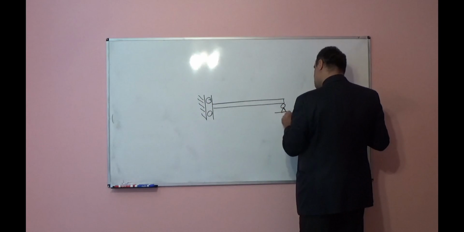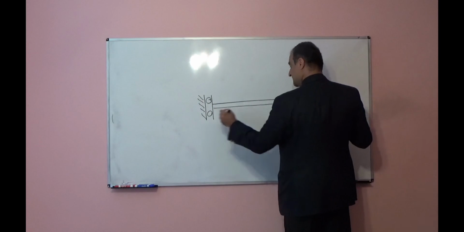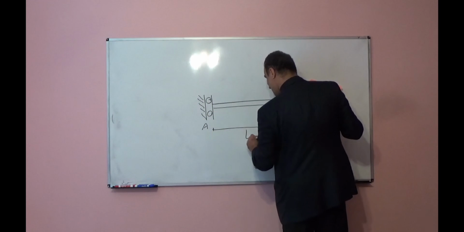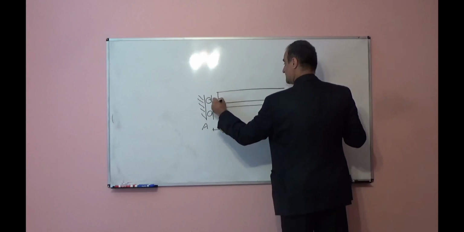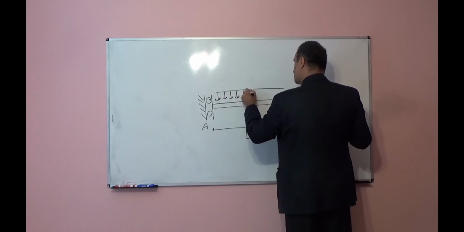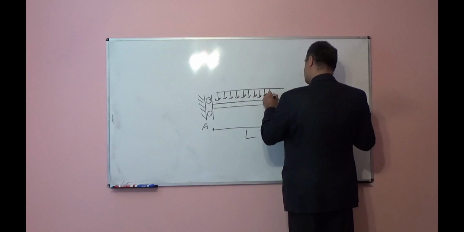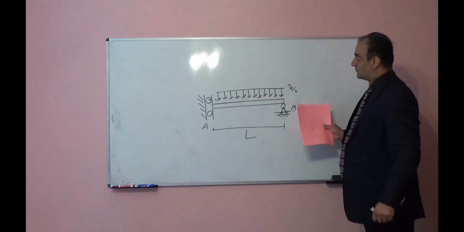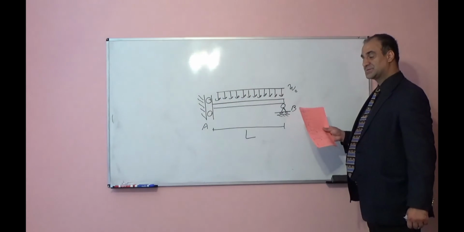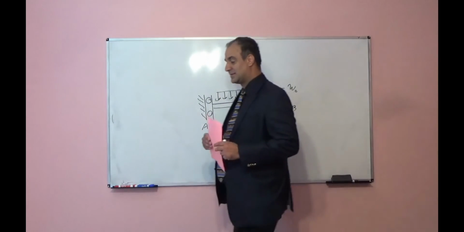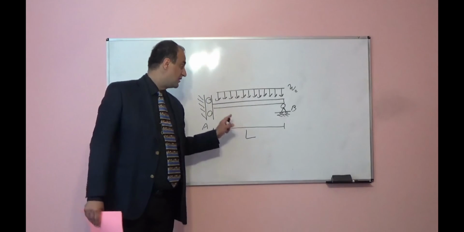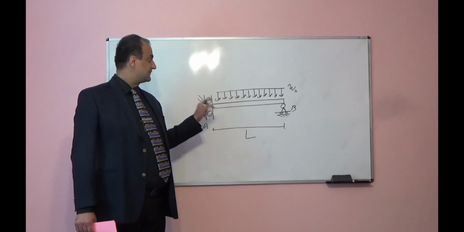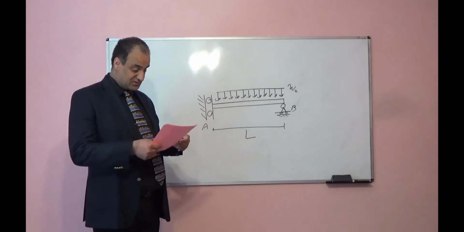Here we have roller support, so point A, point B. The length for this beam is L, subjected to uniform distributed load. The intensity of the load is W naught. For this beam, find reactions. I already found that several lectures ago, but you can double check. Find reactions, draw shear force diagram and bending moment diagram for this beam.